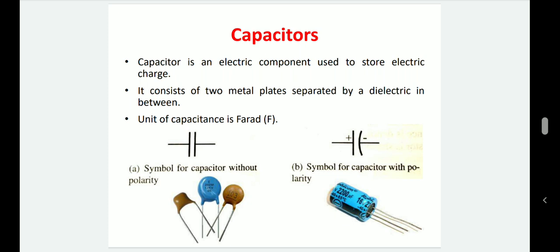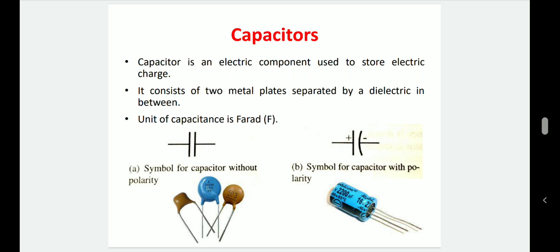Also, capacitance is the property of a capacitor. Capacitance is the measure of the ability to store electric charge. So the device which provides capacitance is called a capacitor. The unit of capacitance is farad.